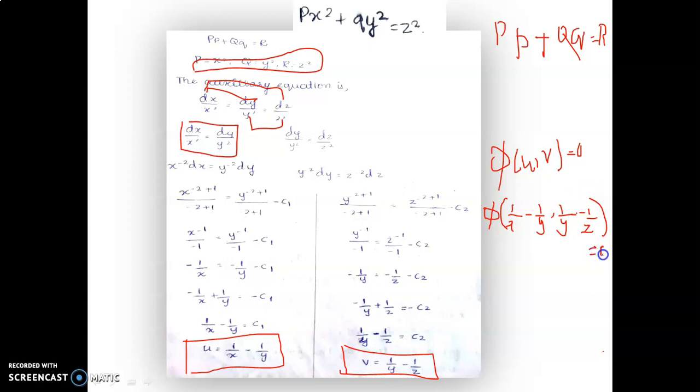So this is the solution of the Lagrange linear equation by the method of grouping. Here we have grouped, no? So this is the name grouping. We are grouping the first two ratios, and the second and the third. This is called the method of grouping.